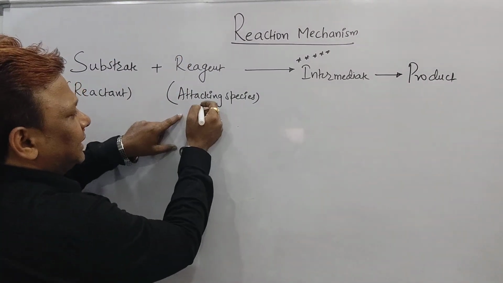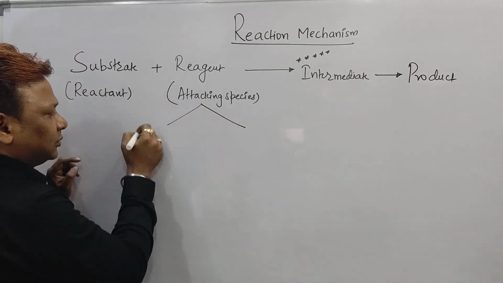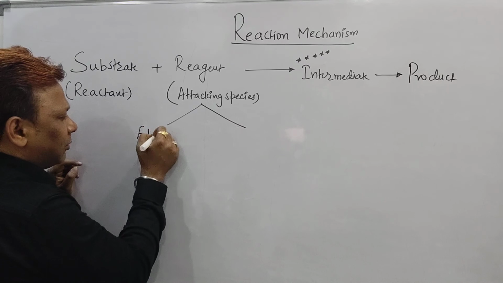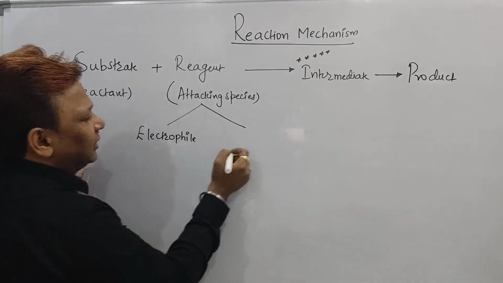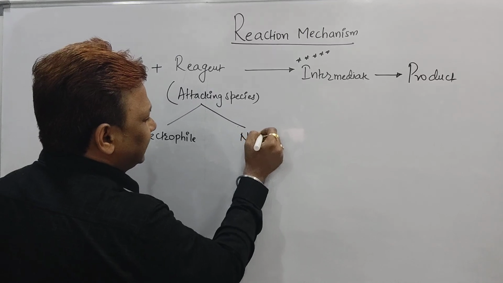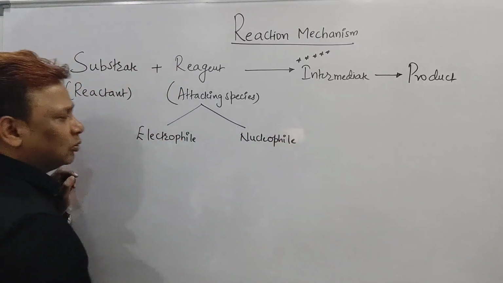We have to see what the attacking species will be. This attacking species is of two types. One is an electron deficient species called an electrophile, and the other is an electron rich species called a nucleophile.